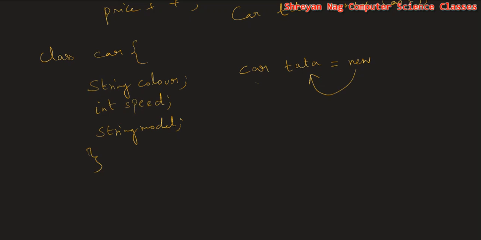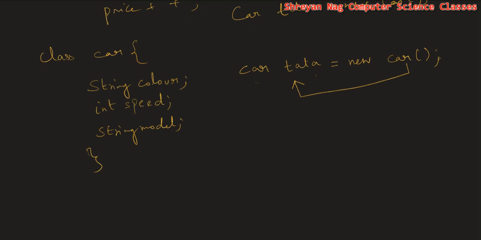Inside the Tata object, which is the instance of class Car, we will be providing some data. The initialization is done using a constructor of class Car.